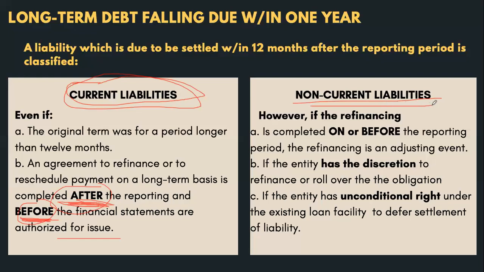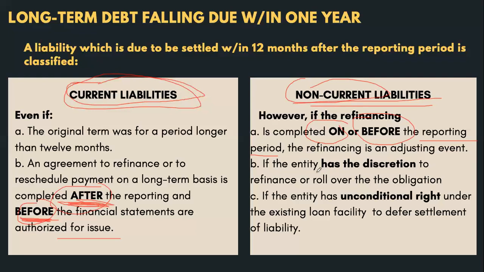So however, if nag-agree mo nga i-refinance or to reschedule the payment na complete siya on or before the reporting period, the refinancing is an adjusting event. Therefore, if nag-agree mo on or before the reporting period nga i-refinance, i-reschedule ang payment sa long-term debt, then the liability or the long-term debt is classified as non-current liability.